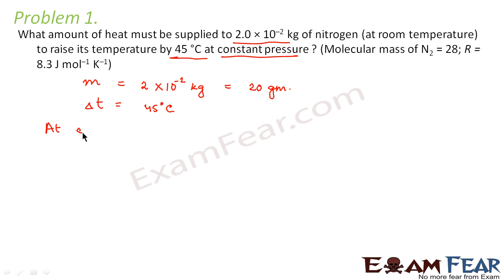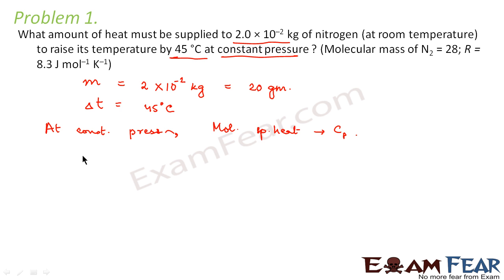Now at constant pressure, what will be the molar specific heat capacity? Molar specific heat capacity is nothing but Cp, because molar specific heat capacity is the amount of heat required to raise the temperature of a body per unit mole. So we should also know the number of moles here, right?